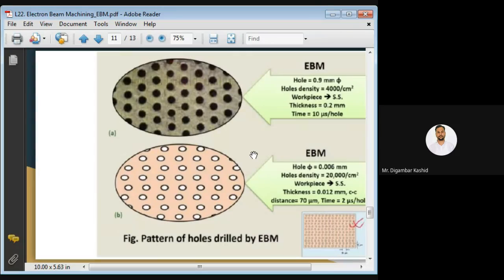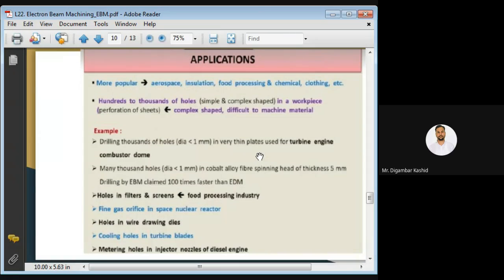Many thousands of holes of diameter less than 1 mm in cobalt alloy fiber, a spinning head of thickness 1 mm, can be generated. Again, drilling by this electron beam machining is claimed to be 100 times faster than the EDM process. This is an important advantage.